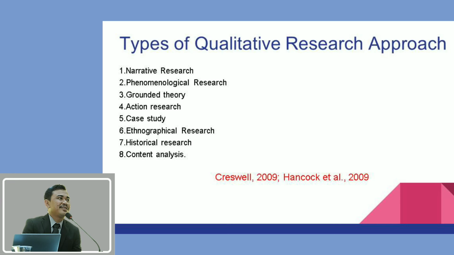And then we go to what we call grounded theory, the third type of qualitative study. We can use this when you find very limited or even none of theories offer you an explanation for a phenomenon that you're trying to study.